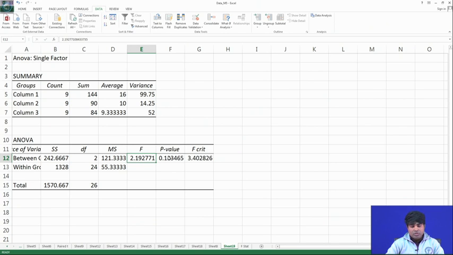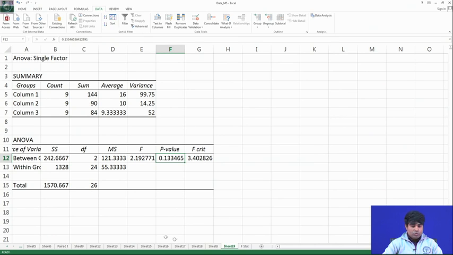This is the probability which you have fixed, this is the F critical, and this is the F calculated. Since the F critical is greater than the F calculated, this is not statistically significant even at 10%, and these are the summary statistics for this particular problem.